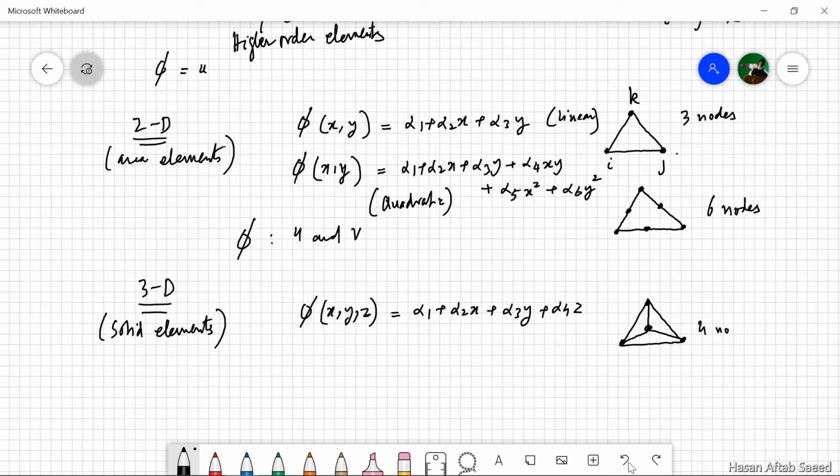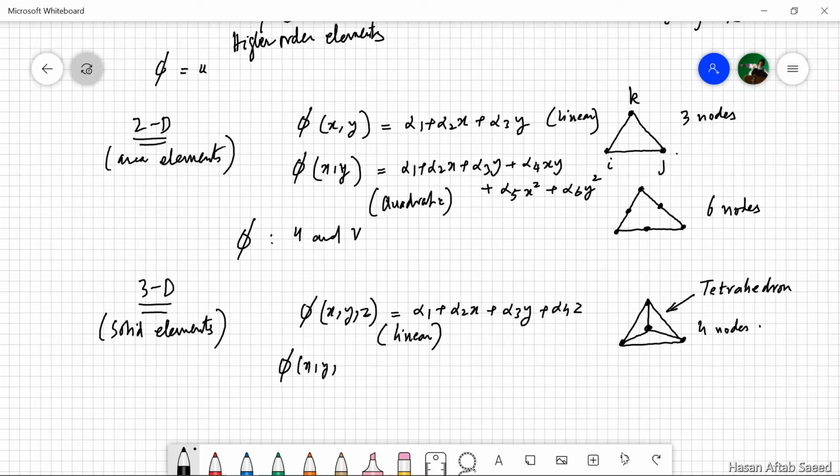And 4 nodes, and this is called tetrahedron. Now this is the linear displacement function. Now if we go towards the quadratic, we need to include the second powers.